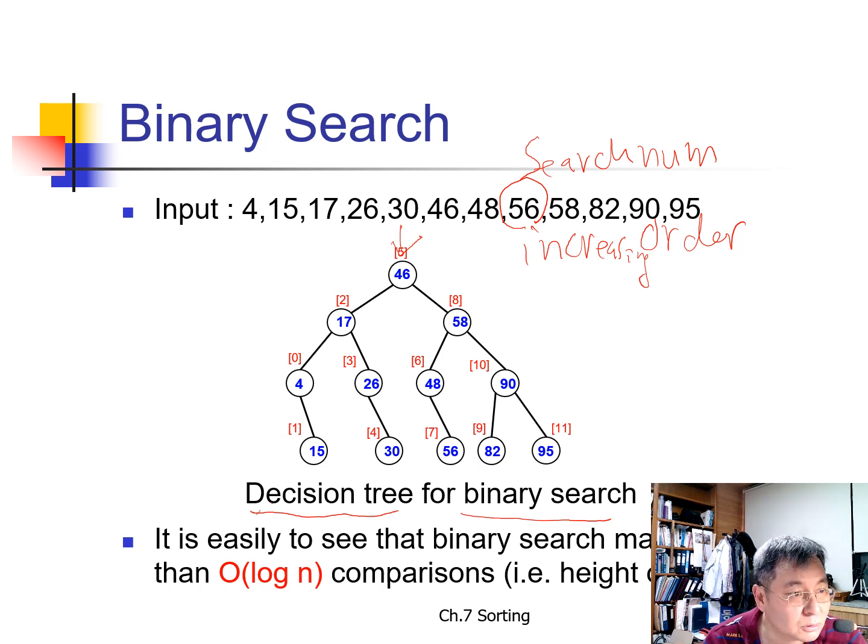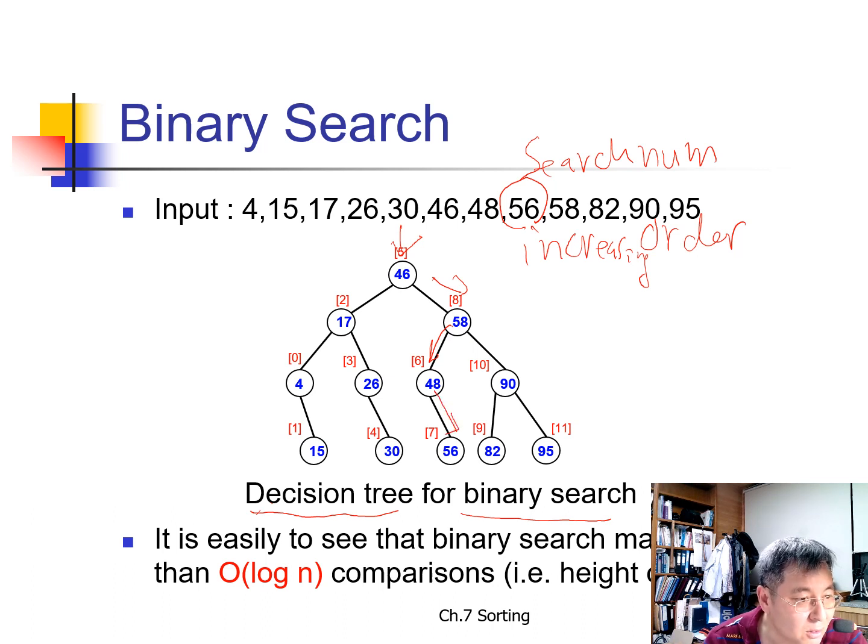So we will go to the right side, and we will compare 58 with the search num 56. The search num is less than 58, so we will go to the left side. And how about this one? We compare 48 with the search num 56. The search num is greater than 48, so we will go to the right.